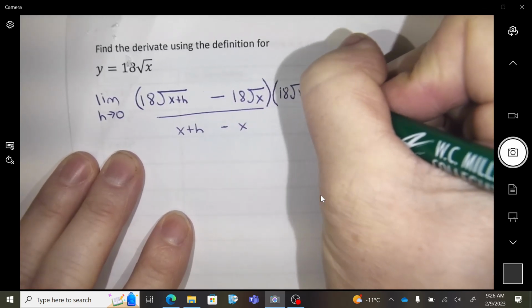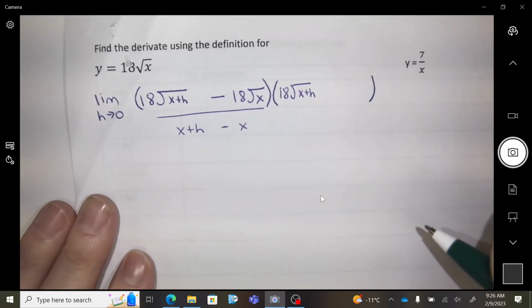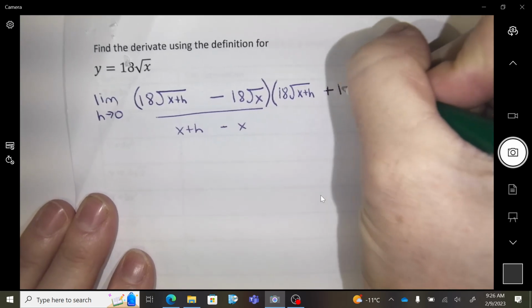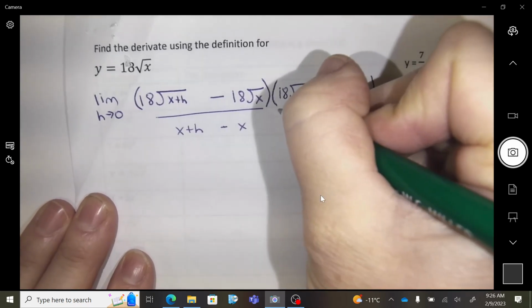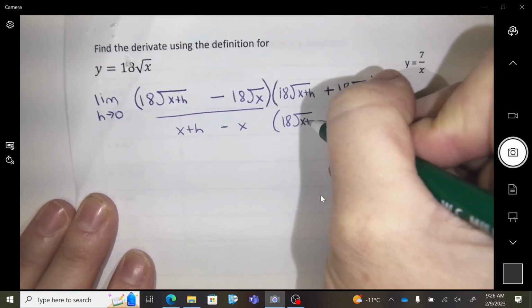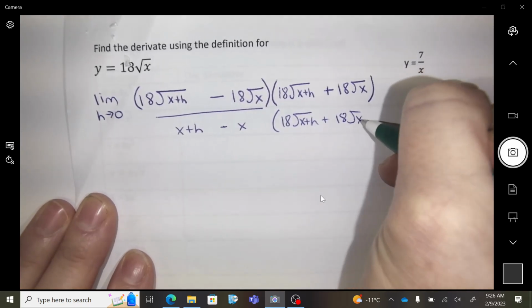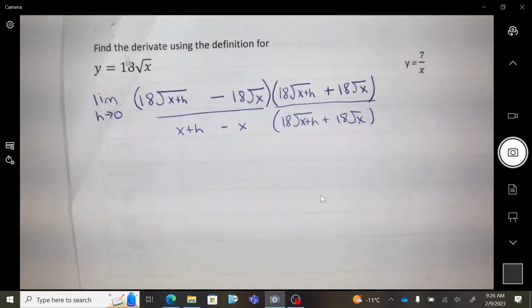18 root x plus h plus, do you remember something that looked like that now? Basically, it's the same concept as a difference of squares, right?